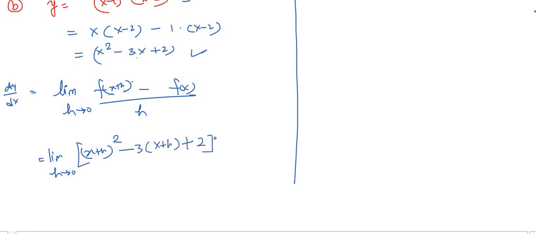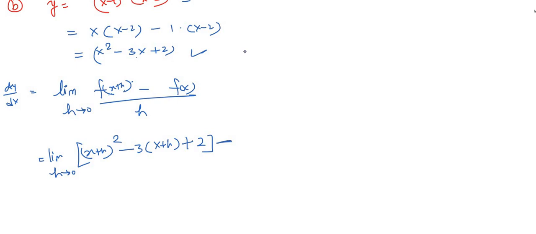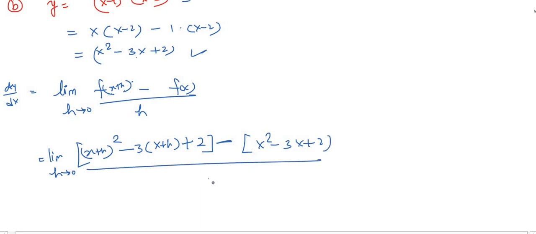So this part is done. Minus f of x. So f of x will be x square minus 3x plus 2, divided by h.